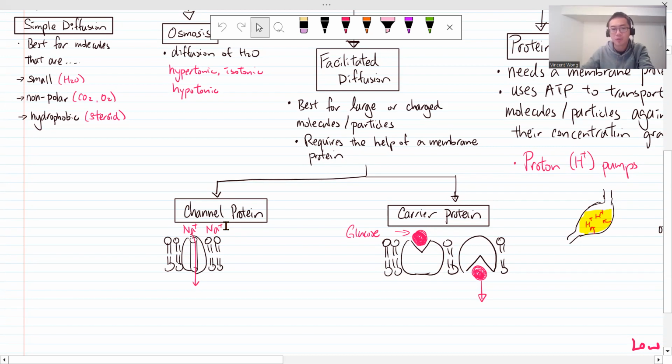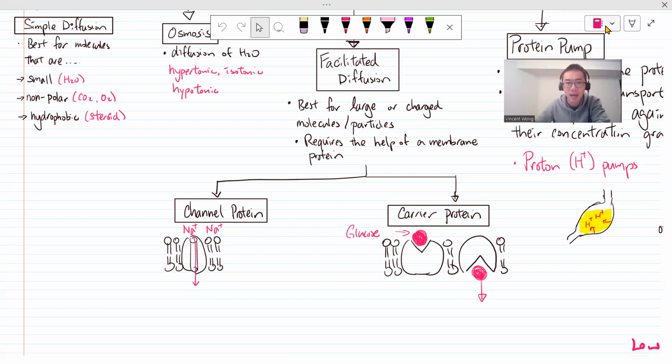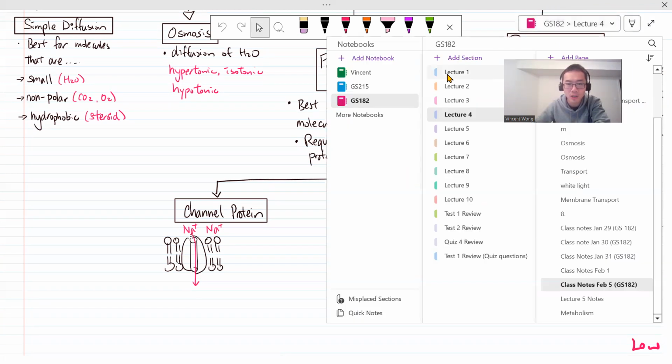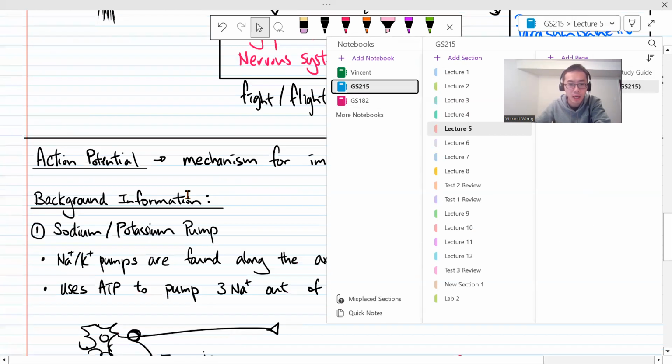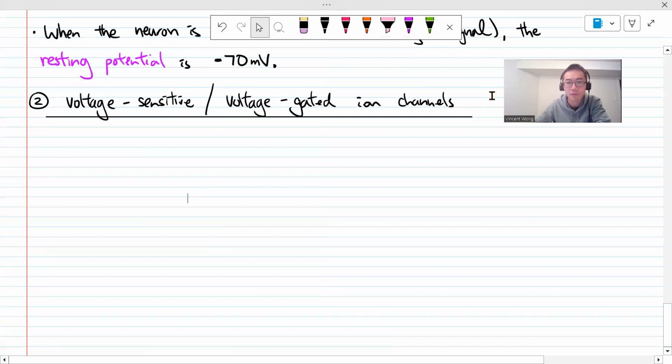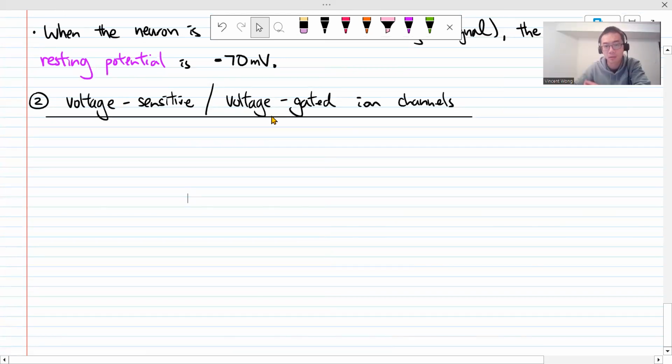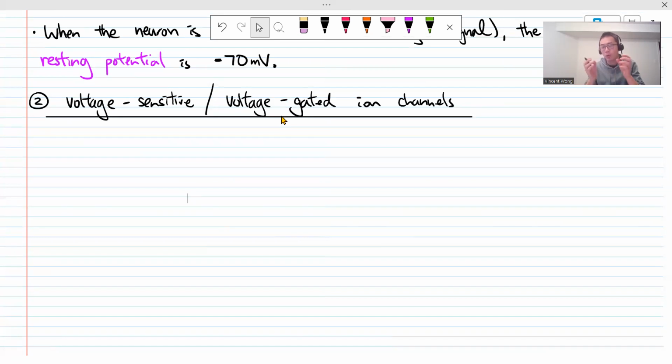A channel protein allows ions to pass through. Now it's the same situation, but these ion channels are voltage sensitive, or voltage gated, which means whether they are open or closed is going to be dependent on the voltage of the membrane.